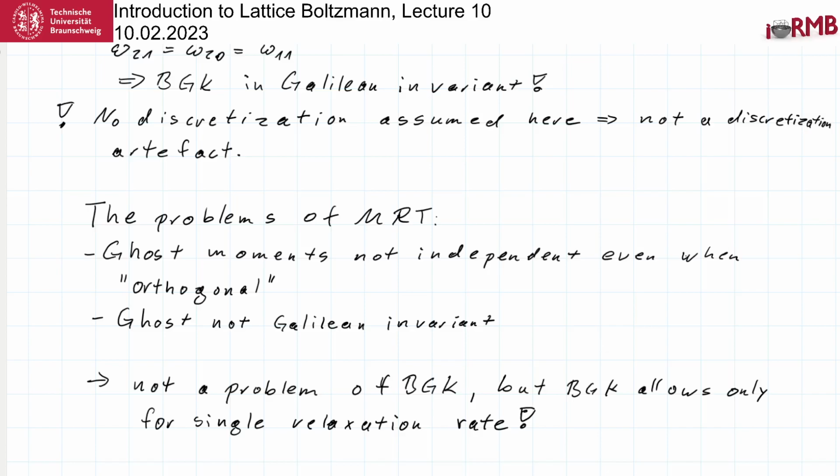The reason is that different moments in physics really relax with different rates, and BGK cannot do this because it links all the rates together. So both things don't work, right? MRT, splitting it up, doesn't work, and keeping everything together also doesn't work.